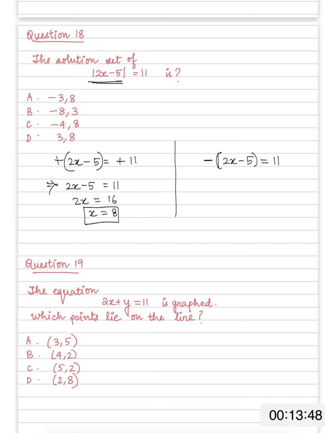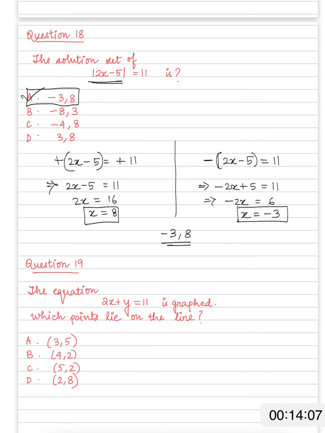This is one option. Or minus 2x plus 5 equal to 11, minus 2x equal to 6, right? x equal to minus 3. So x can be minus 3 or 8. Option A is the correct choice. Be careful of these brackets. It means that you can have both plus or negative. Be careful of this question.